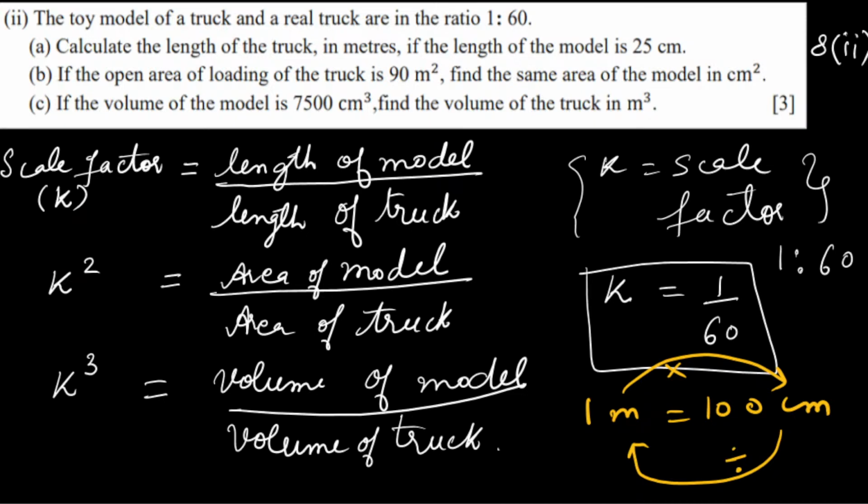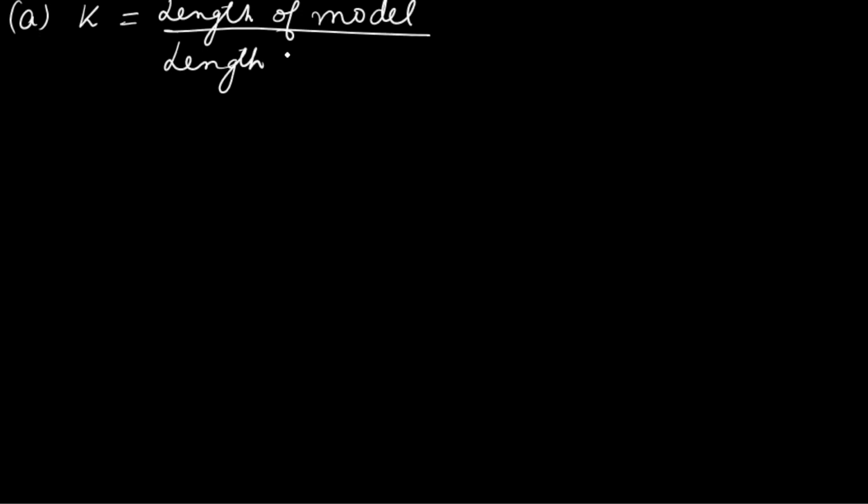So the first formula I am going to use, when we are discussing length: K is equal to length of model by length of truck. K is given to us as 1 by 60. Model length is given as 25 centimeter.